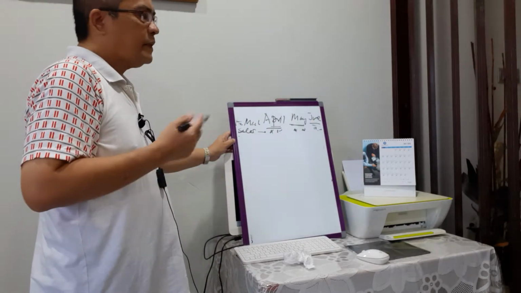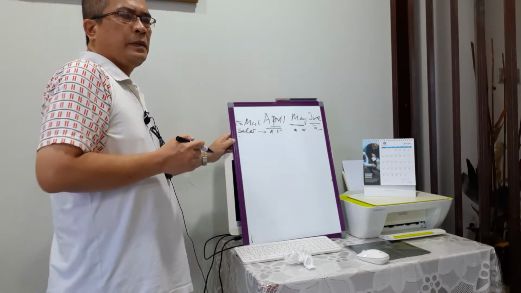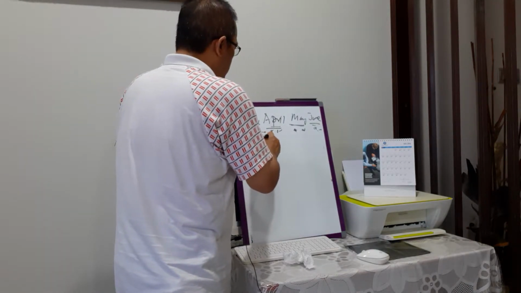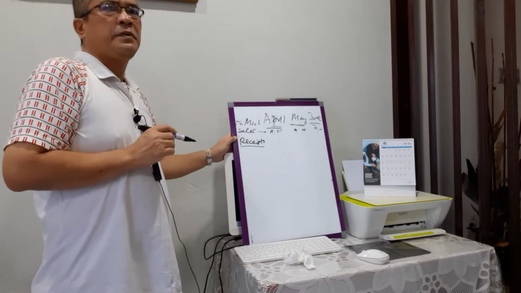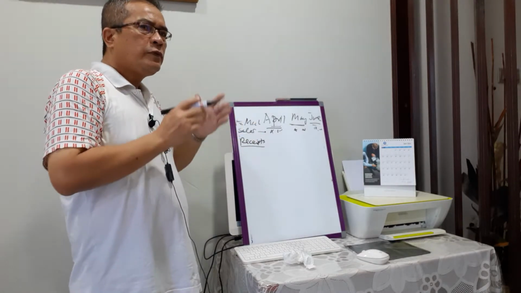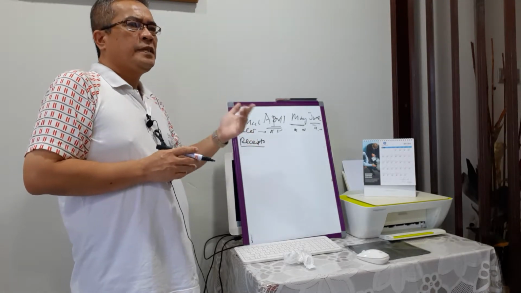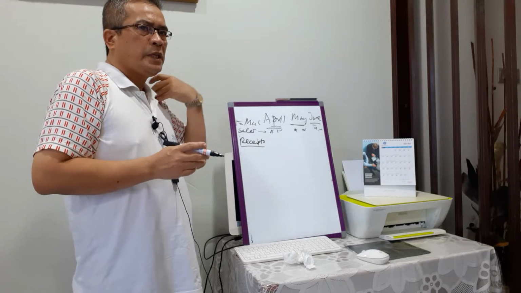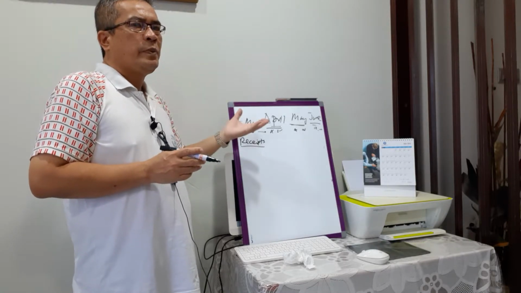And then after sales, there are collections or receipts. Penerimaan. Receipts or penerimaan. So here, all you need to do is just to follow the instruction in the question. Later on, when we discuss past semester's question, things will become clearer.